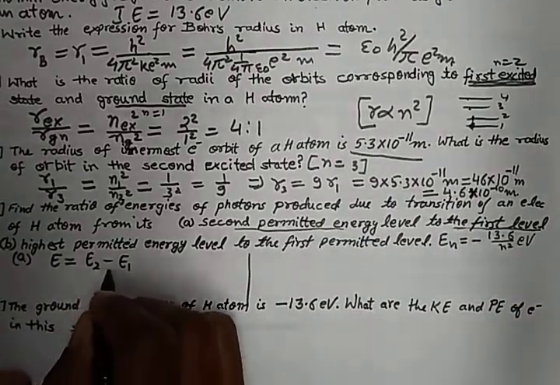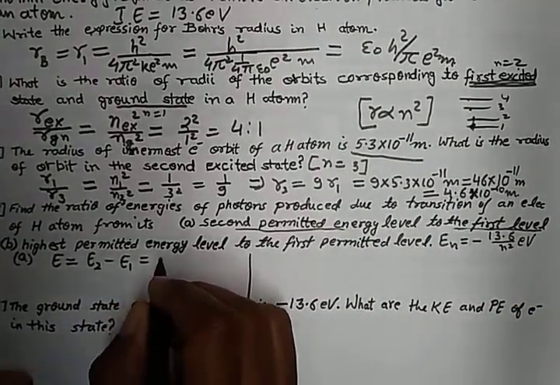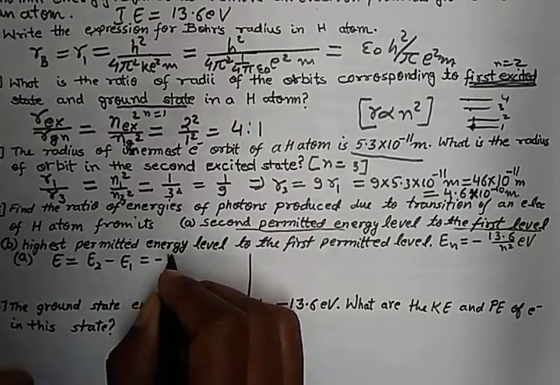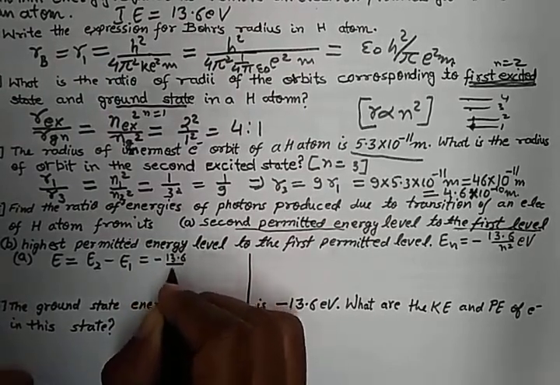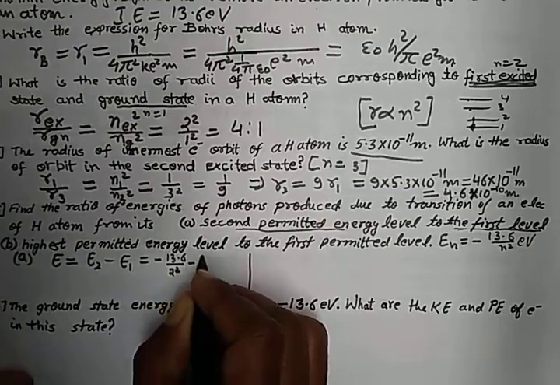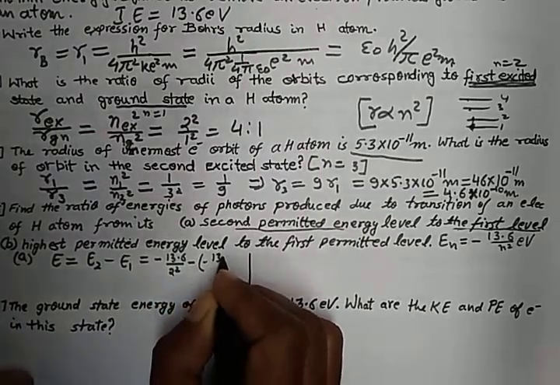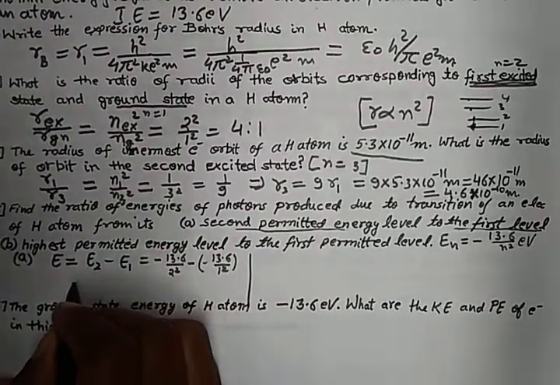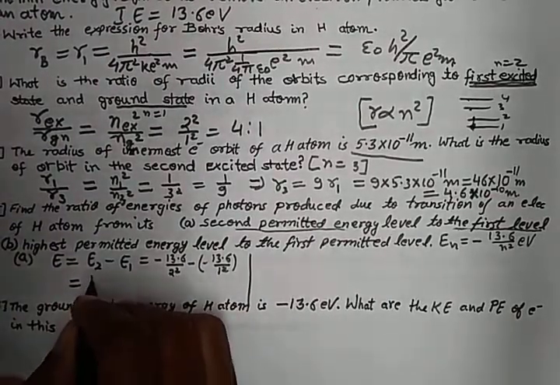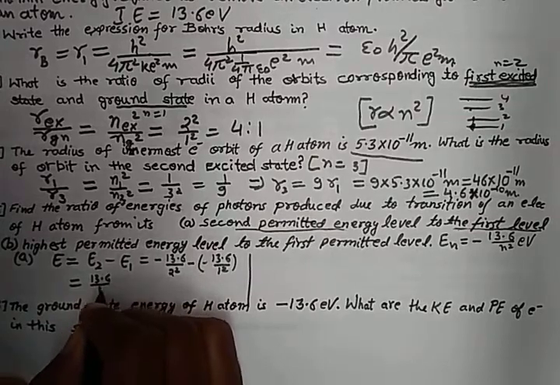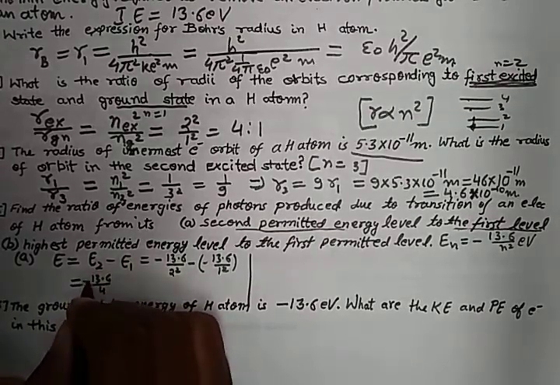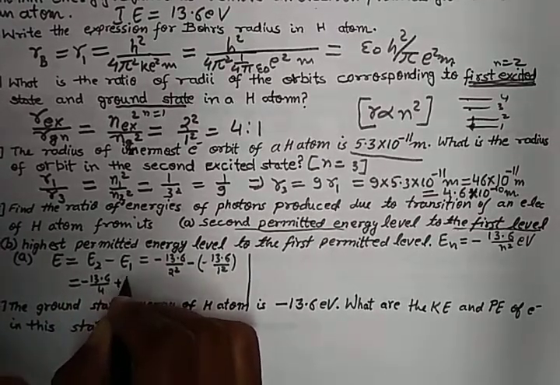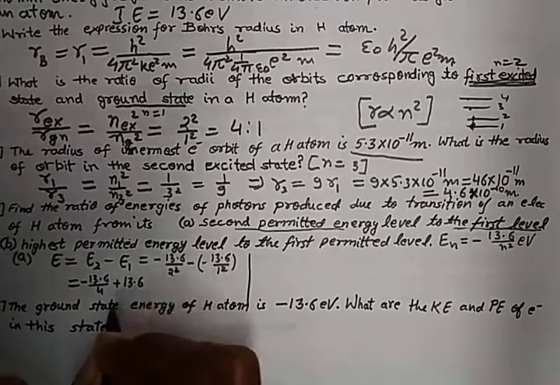So E2 minus E1: minus 13.6 upon 2 square, and again minus 13.6 upon 1 square. So this will be 13.6 by 4 minus and plus 13.6, that's all.